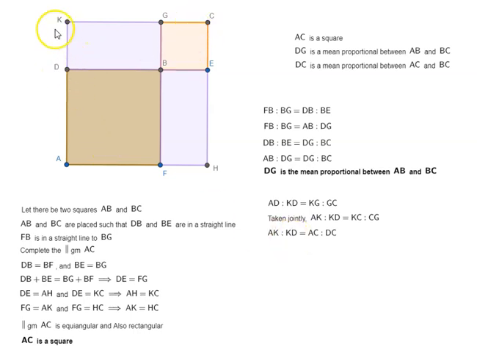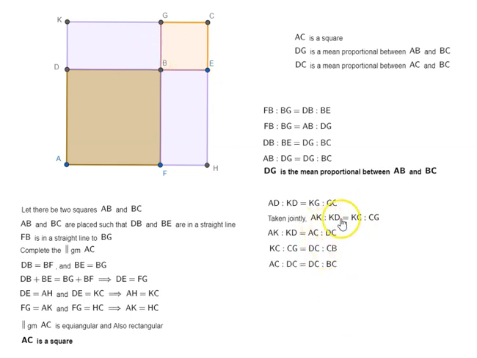Again, AK and KD are the bases and AC and DC are the figures on AK and KD between the same parallel lines. We also have KC is to CG is equal to DC is to CB. Again, KC and CG are the bases and DC and BC are the figures on these bases between the same parallel lines.